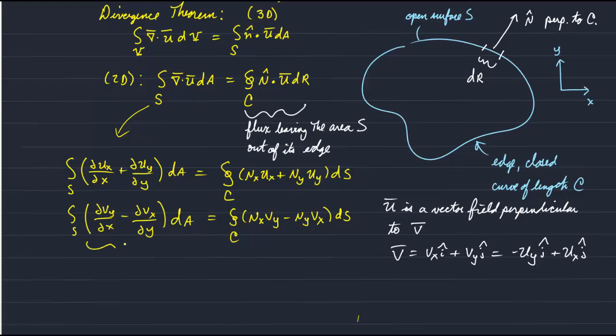And what you can see is that this is the component of the curl of V. Again, the curl of V is a vector, and this represents the component of that vector in the k hat direction.